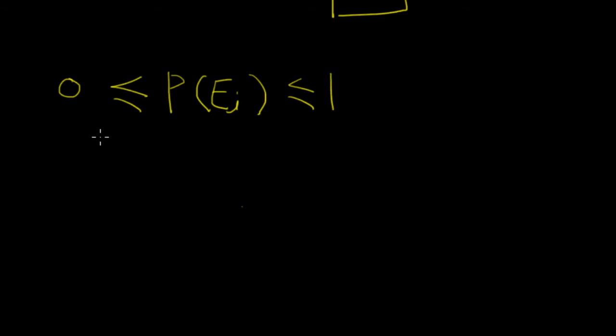See this notation? 0 less than or equal to P(E_i) less than or equal to 1. What is that supposed to mean? What do you think this P means? This is probability.